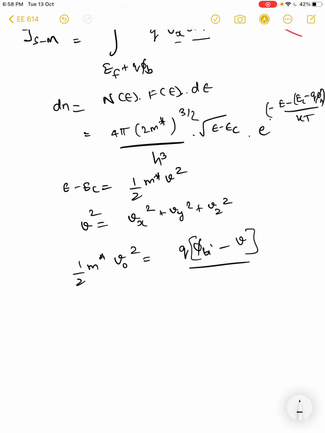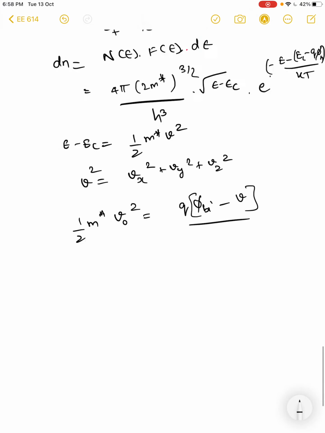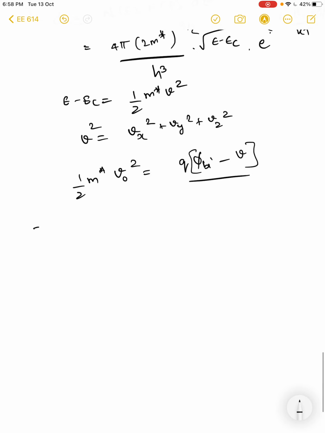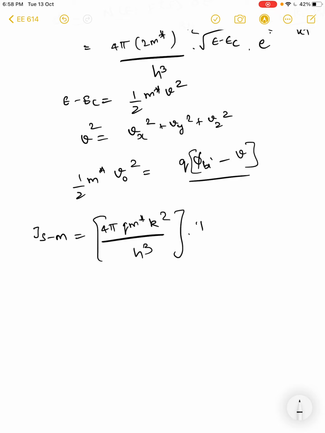So if you replace all these things into this equation, you will get the current from semiconductor to the metal to be 4 pi q m star k square by h cube T square e power minus q psi bn by kT e power qV by kT, and this V is the applied potential that we got here, right?